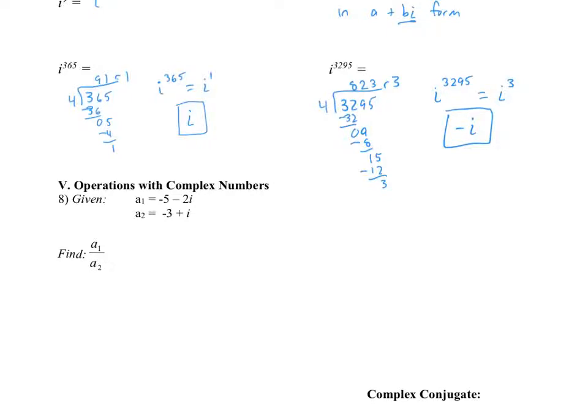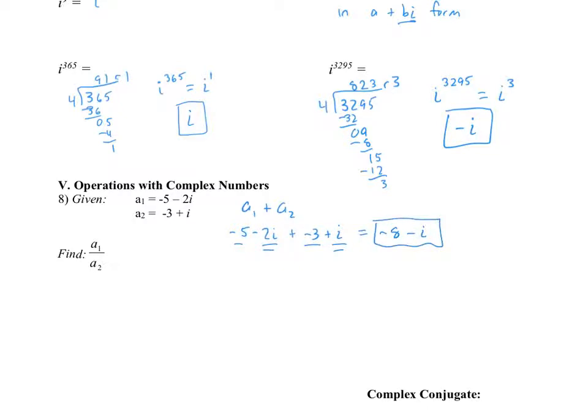Simply, if I want to take a1, defined as negative 5 minus 2i, and add it to a2, which is negative 3 plus i, so we've got negative 5 minus 2i plus negative 3 plus i, I would just add the real pieces together to get negative 8 minus i. So add the real pieces together, add the imaginary pieces together.